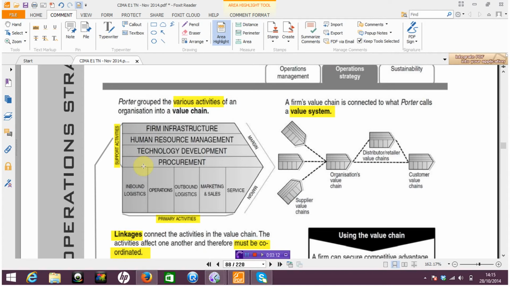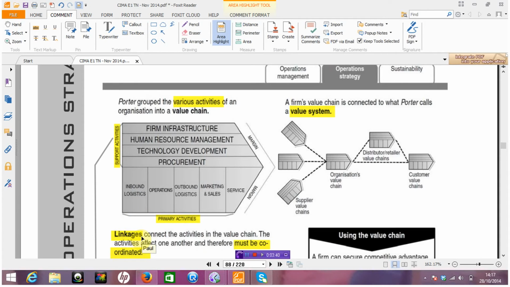Okay, so other points here, I'll come on to how specifically we would use the value chain, or a little bit more detail on that. One of the other points is this idea of linkages. As we said above, really what Porter is trying to do is to break the business down into a set of activities. And if you imagine that there are a number of activities under each of these headings, then really the linkages between the activities are important.